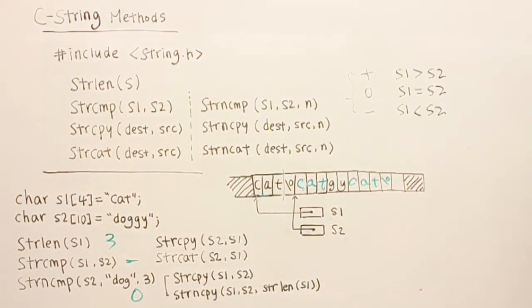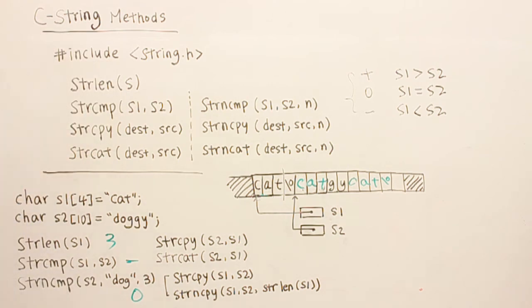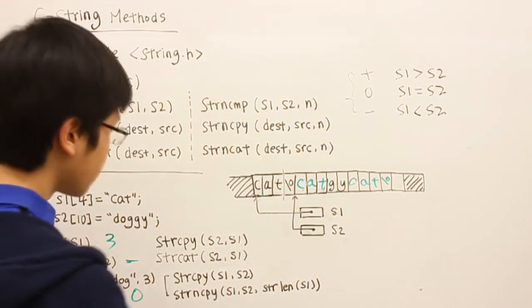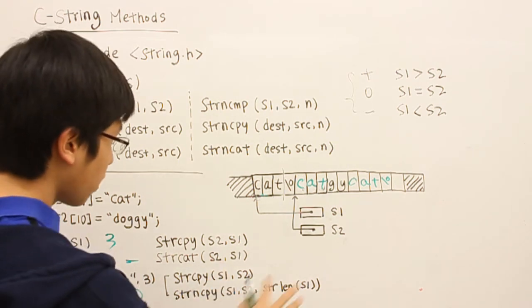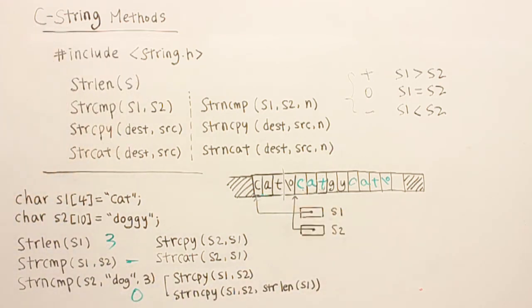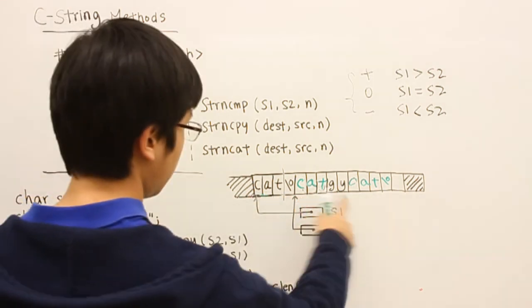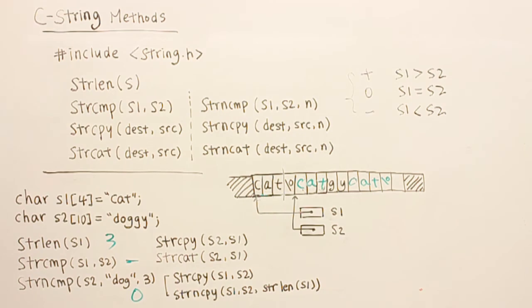Okay, now we're going to consider these 2 cases, and they're quite interesting. So if we look at strcpy S1, S2, now S2 is the source and S1 is the destination. And it's interesting because the length of the string inside S2 is much longer than what we can hold in S1, right? We only have 4 characters here, but S2 is actually 8 characters. So when we do this, C doesn't really care about what actually happens in memory.